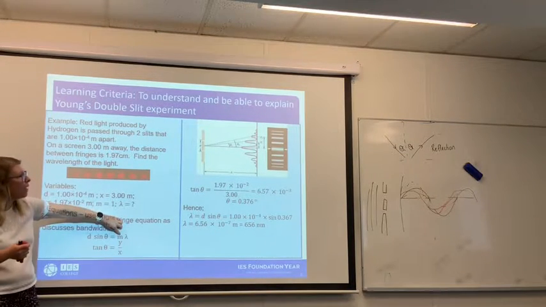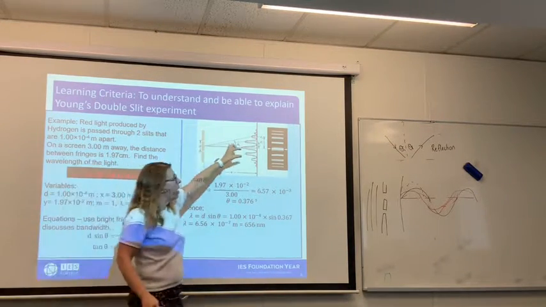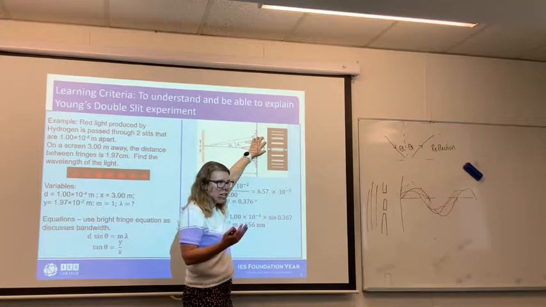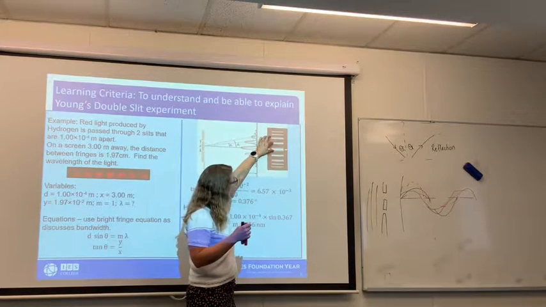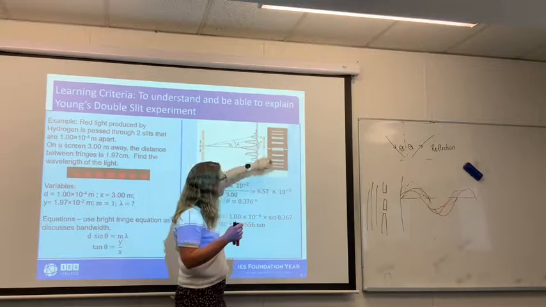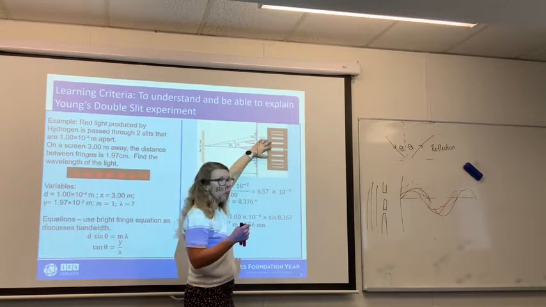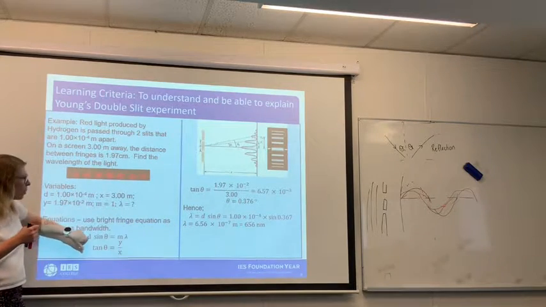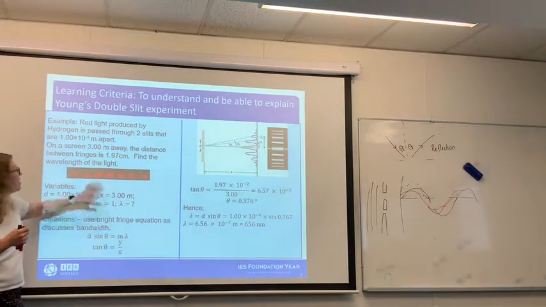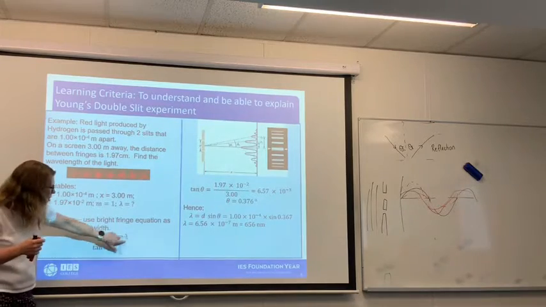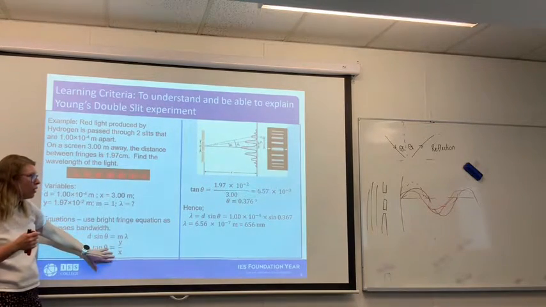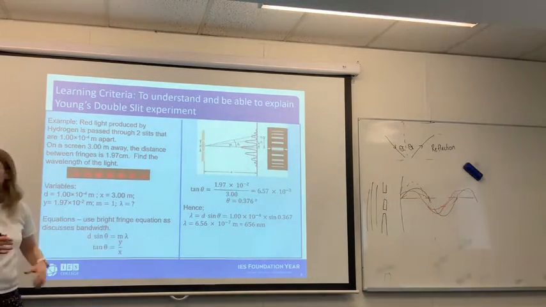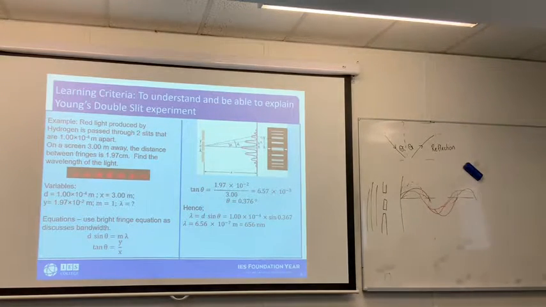Well, I know m is 1. It's kind of implied in the question that it's the first fringe there. So m is 1. I have the y distance between, 1.97 centimeters. I know d, but I don't know the angle, because it doesn't tell me. So I have to use my tan theta equals y over x to find the angle, to substitute to find that. So, oh yeah, no, that's here.